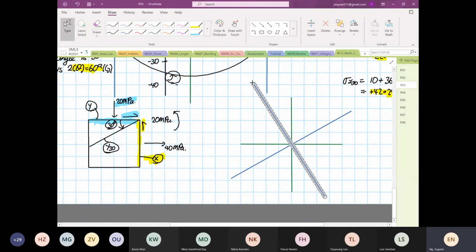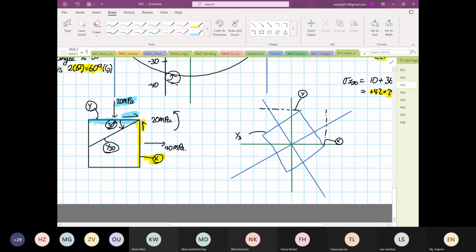So this is our axis, and this is our 30 degrees. Again we are going to sketch out where our y is. So this is our y, and over here this is our x, right? So this will become our y30.